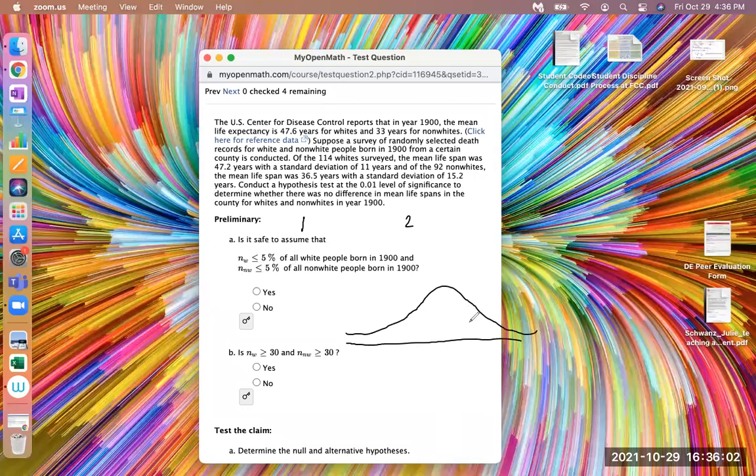And what we do is we do a sampling distribution, but then we do a sampling distribution of the difference of these two. If it's a proportion problem, it's two proportions, or a sampling distribution of the difference of the two means.